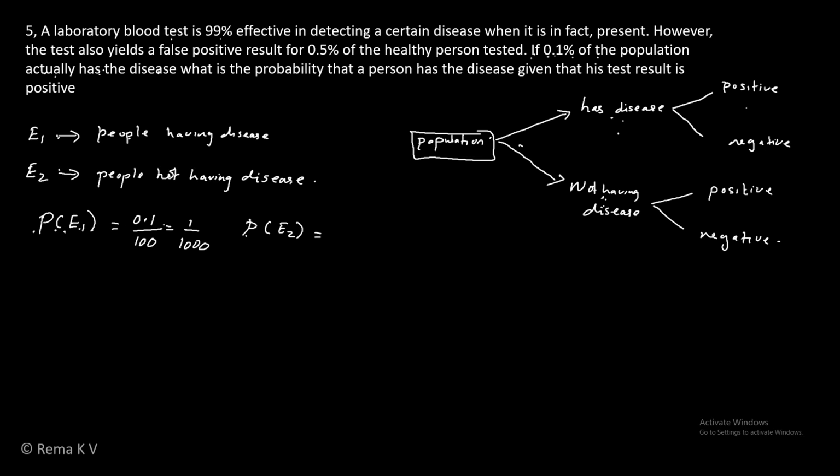I told you probability of E1 plus probability of E2 must be equal to 1. So if probability of E1 is 1 by 1000, what is probability of E2? That is people not having disease. Give your answer.